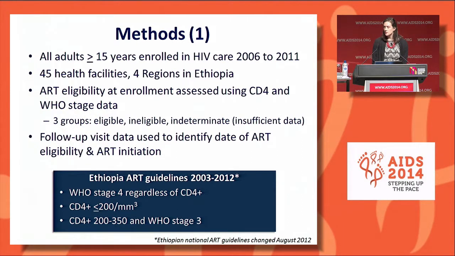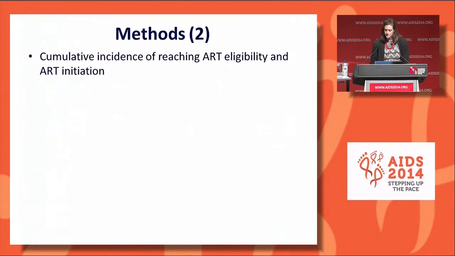For the analysis, we looked at 3 patient groups: patients who were eligible for ART at the time when they enrolled in HIV care, according to Ethiopian national guidelines; patients who were ineligible for ART when they enrolled in care, according to national guidelines; and patients who were indeterminate, meaning they lacked sufficient data to determine their ART eligibility when they enrolled in care. We then used follow-up visit data to assess when patients became eligible for ART and when they initiated treatment. And you can see here the Ethiopian National Treatment Guidelines, which remained stable during our analysis period.